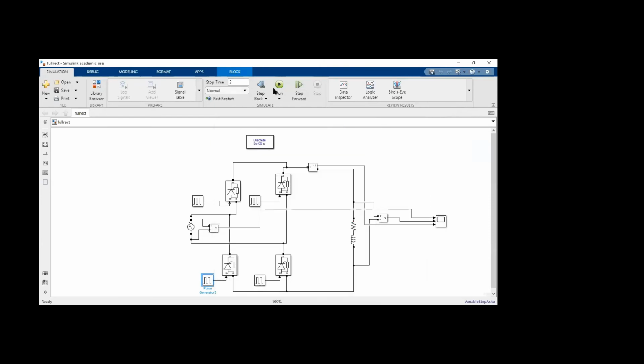Okay, so now I will run the model. Only that is the difference. For the bridge rectifier, the pulse generators connected to 1 and 4 will be the same, at 30 degrees. The pulse generator connected to 2 and 3 will be 180 plus 30. Okay. Now I have considered an RL load.